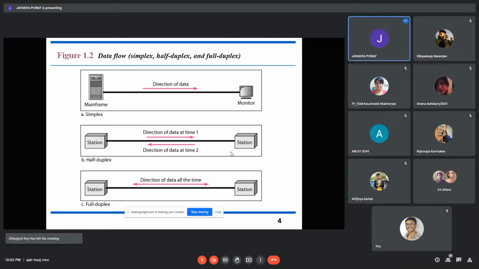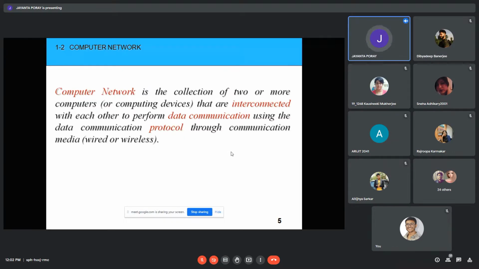Okay, so now in the interview, what do you know about computer networks? What is it? Very basic questions can be asked. A computer network is a collection of two or more computers that are interconnected with each other to perform data communication using a data communication protocol through a communications medium.